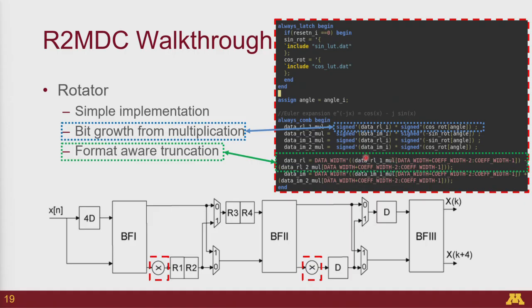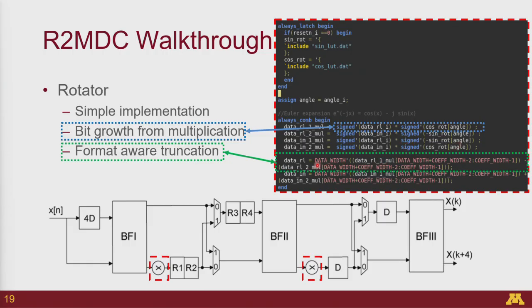For the first result, I've used data width plus coefficient width -2 down to coefficient width -1. This takes the set of results which you're interested in. Remember, if we started off with a 1.7 format, the result would be a 2.7 format, so I'm extracting the middle 1.7 out of that format. That's exactly what this code is doing.